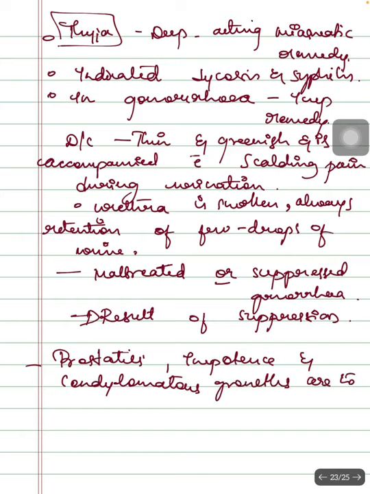Now coming to syphilitic characters in Thuja. There is prostatitis, impotence, condylomatous growths which are seen everywhere.